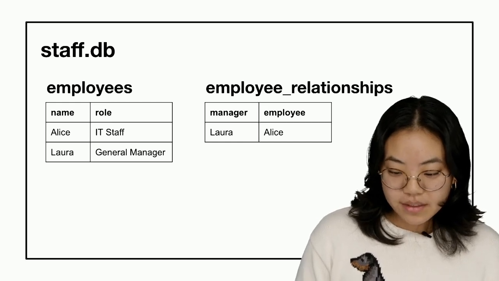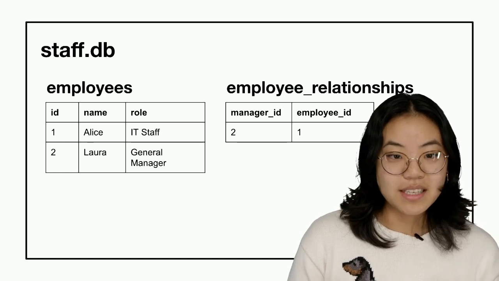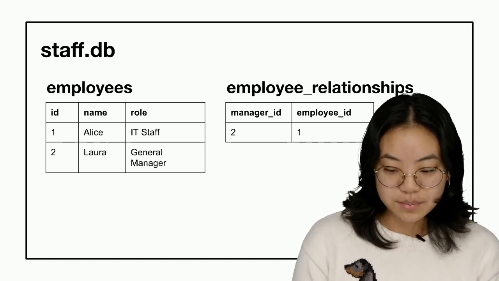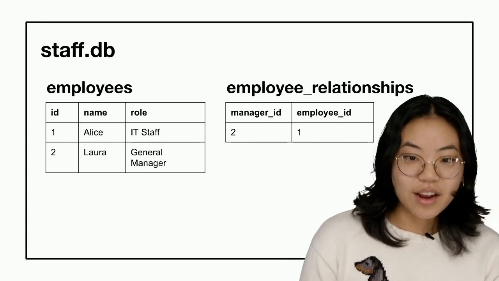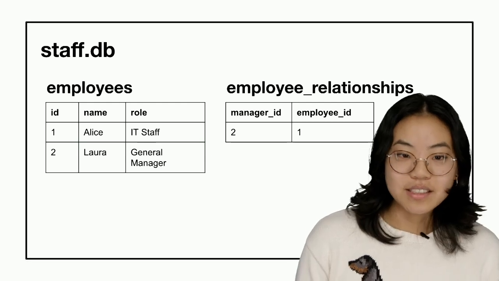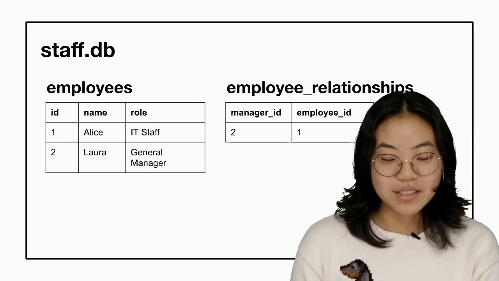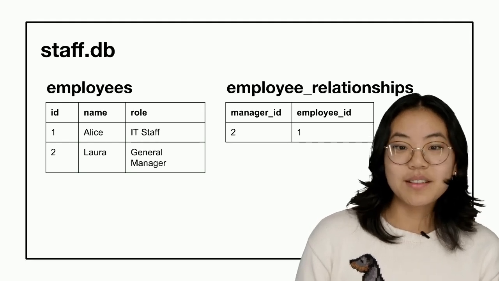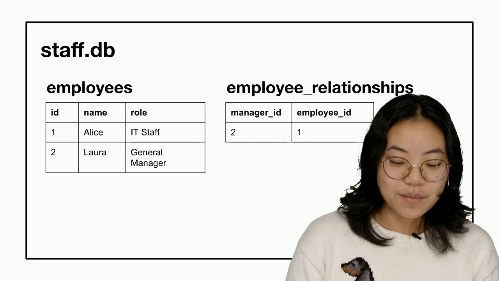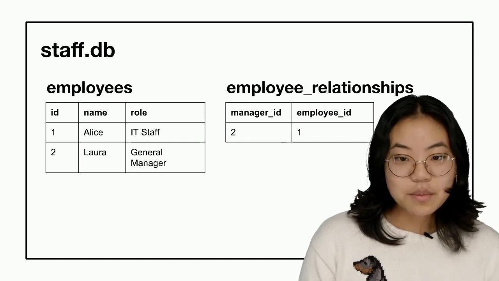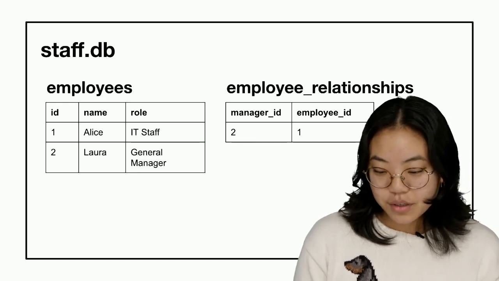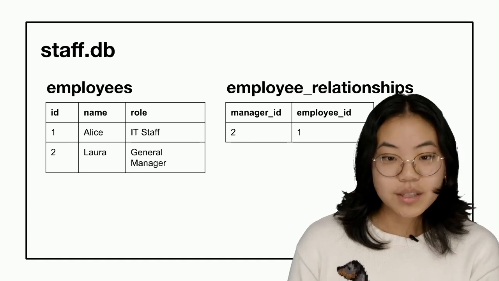And so it's important to actually give IDs to each of these pieces of information so that Alice can thereafter be referred to as the employee with ID 1, which is separate from perhaps another person named Alice who will have a different ID. And so this makes it a little bit more accurate when we're trying to represent things like employee relationships.